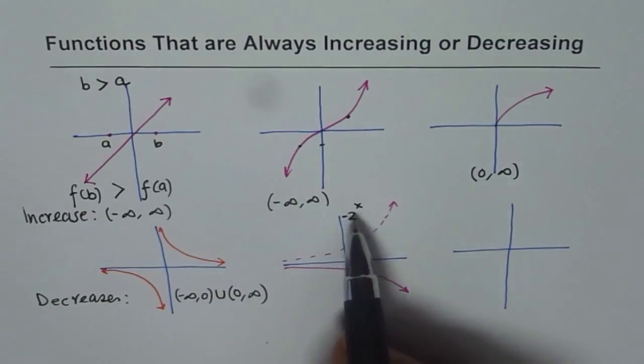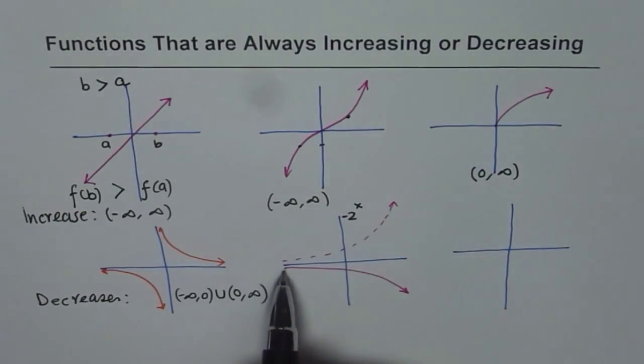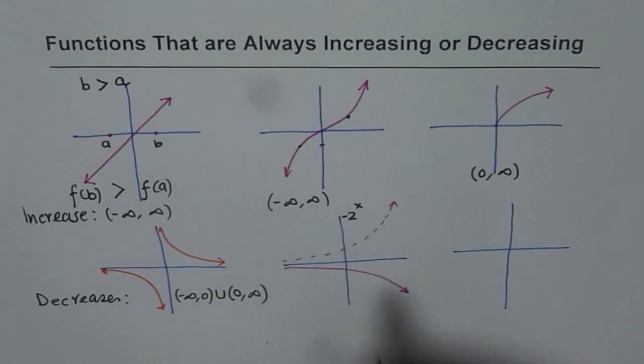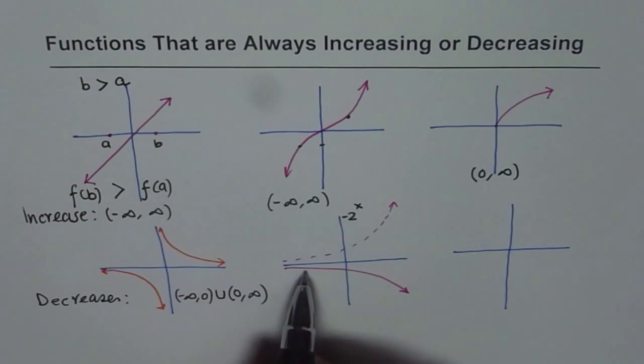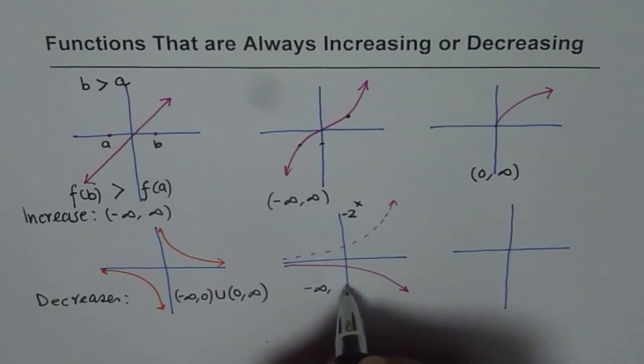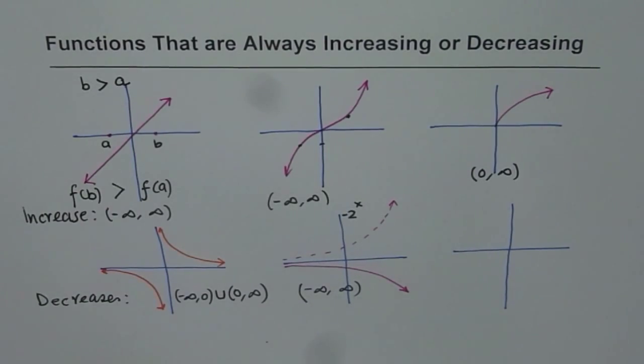So what I've done is I've reflected the function. Do you see that? This is a transformed function, not the original function. So at times you can have a transformed function, and here you see that the function is always decreasing, and the interval of decrease is from minus infinity to plus infinity, right?